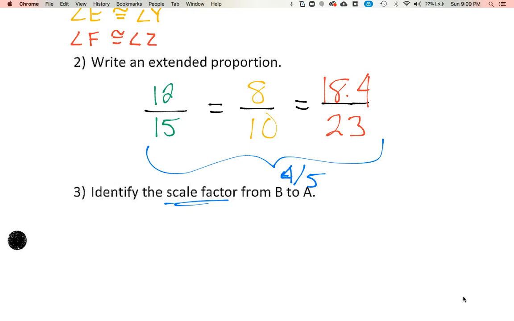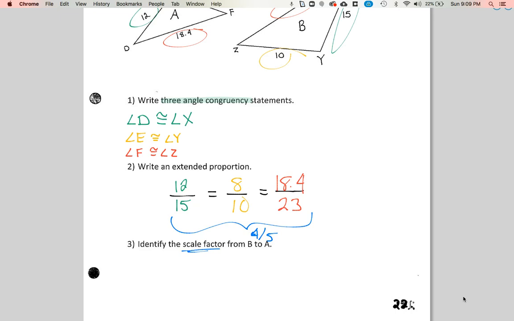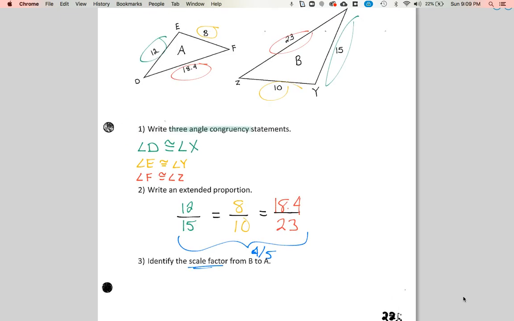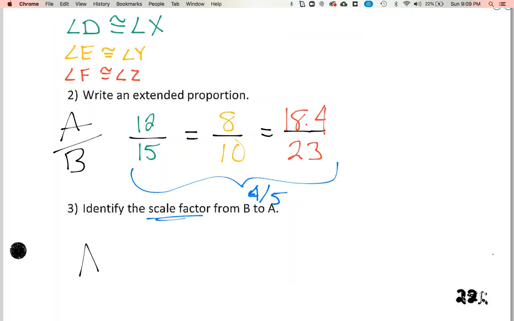Notice this says B to A, and if I look up here, I've been doing A over B. So A to B is 4 over 5.